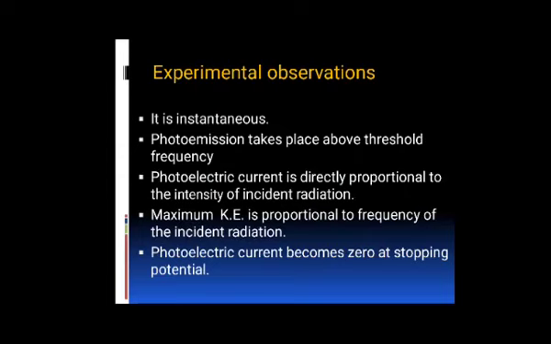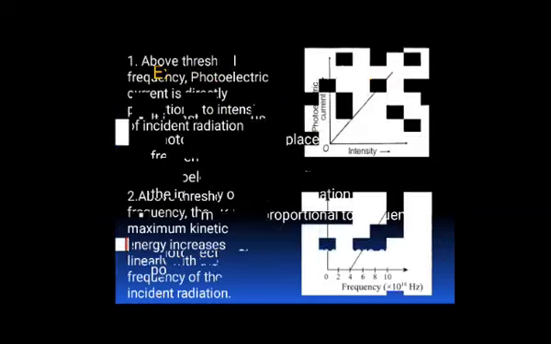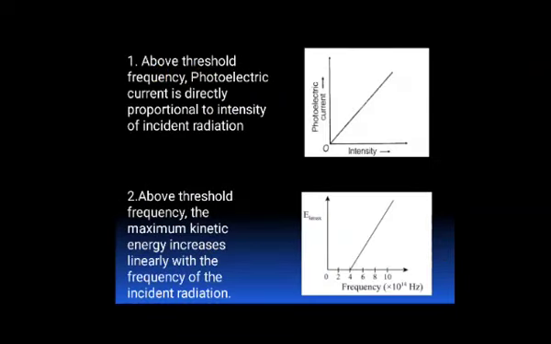Now see the next result. Above threshold frequency, the maximum kinetic energy of photoelectrons is directly proportional to the frequency of incident radiation. Now observe this second graph. Along the x-axis, frequency.